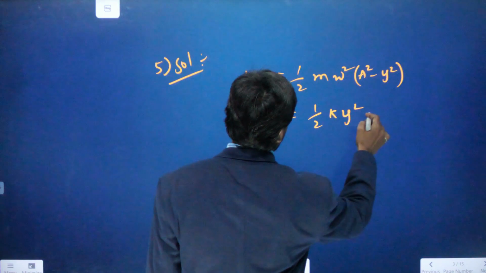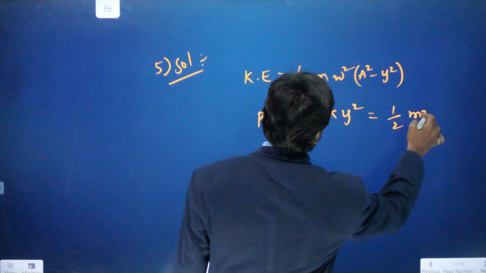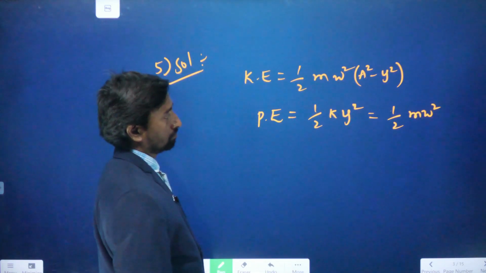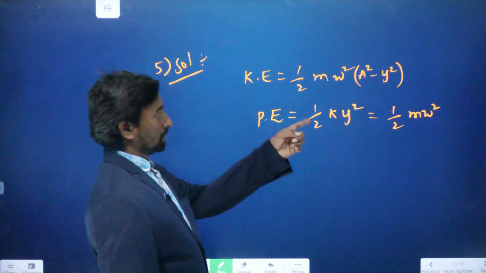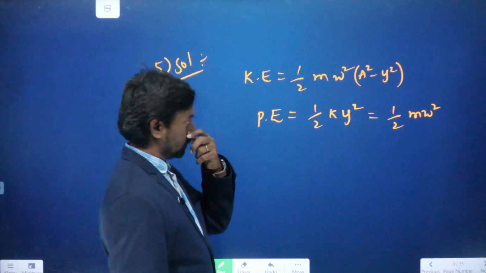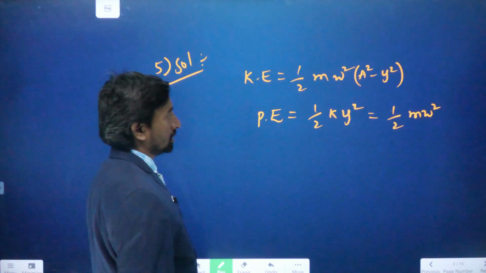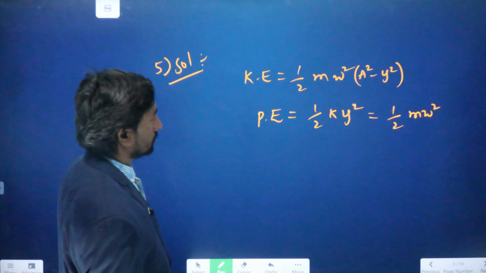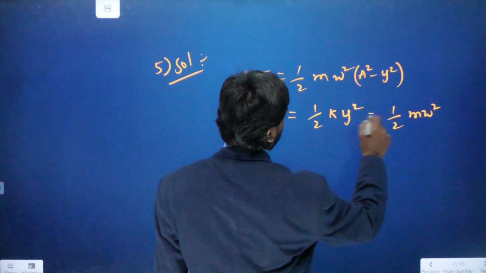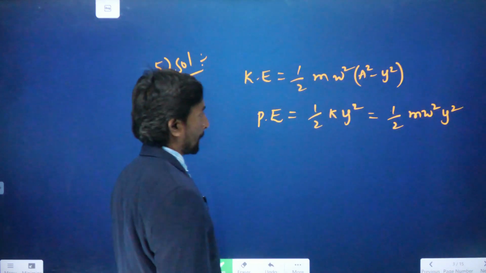K is nothing but m into omega square, because omega is equal to square root of k by m. So potential energy is half m omega square y square.